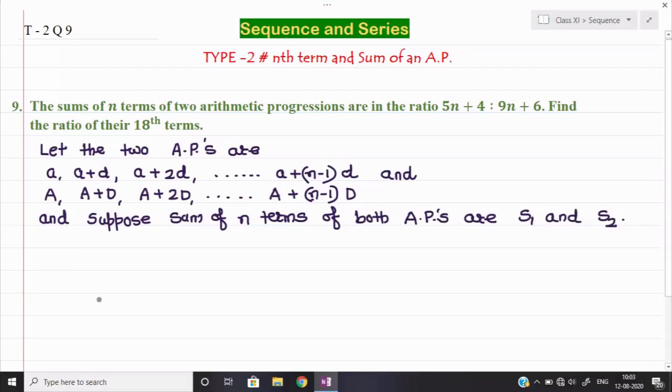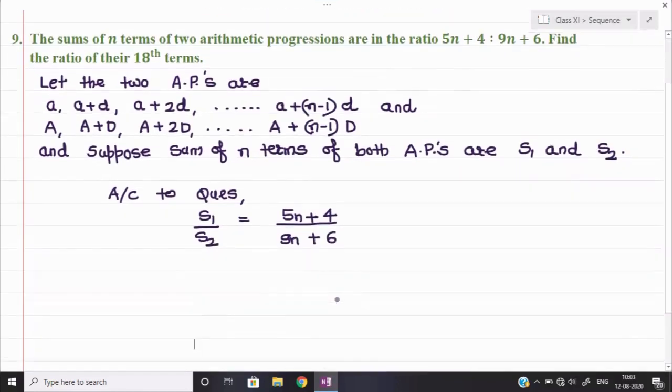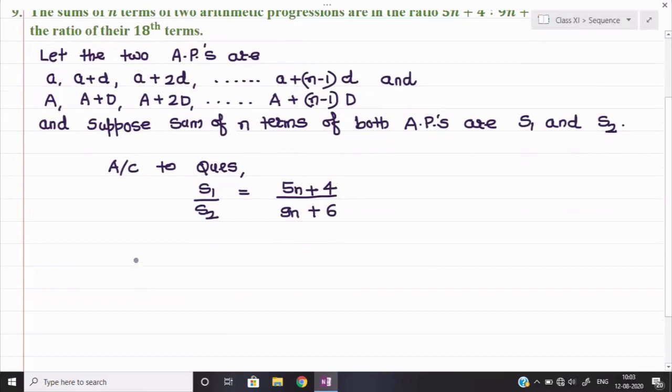Now we will write according to the question. They are saying the sums of the n terms of both the APs, S1 upon S2, is given as 5n plus 4 upon 9n plus 6. That is given in the question. Now we shall put in the value of S1, the sum of the n terms of the first AP.